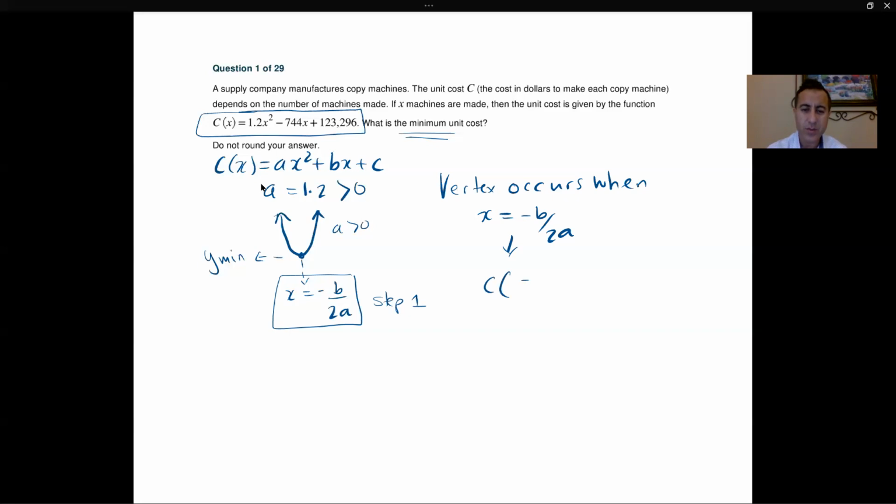So if you substitute back the value of negative b over 2a, then you're having that second step here, and you're solving it. All right, so that's the idea, and some will say, well, why would this one be two steps and the ones we did previously are one step, right?